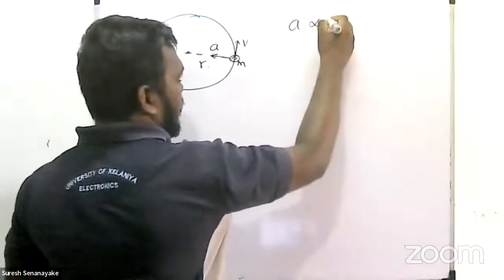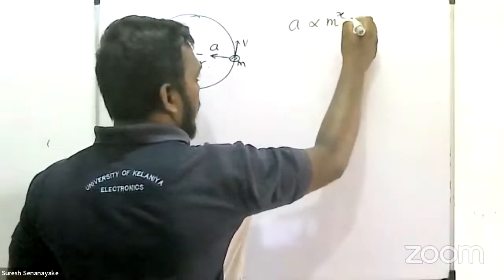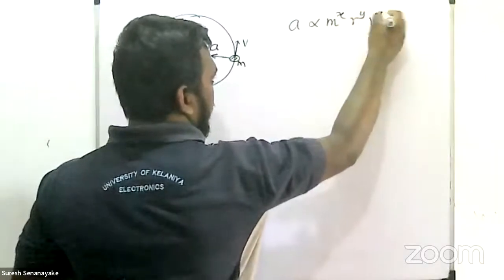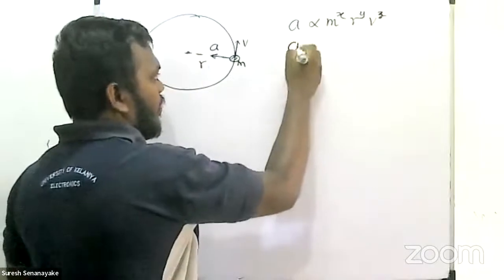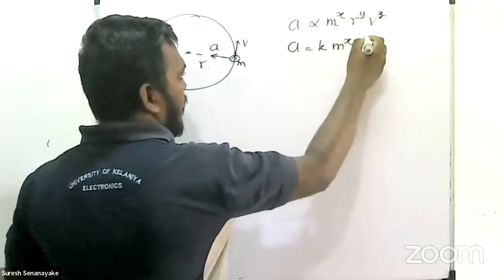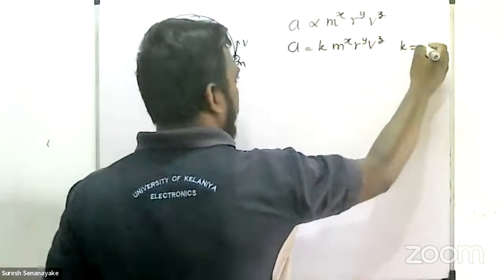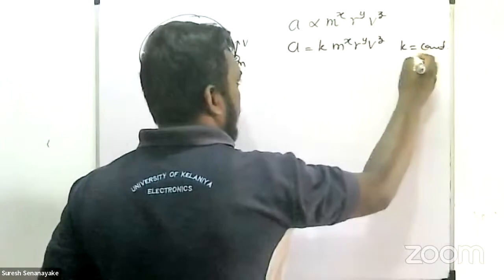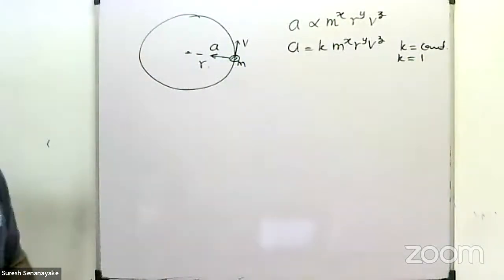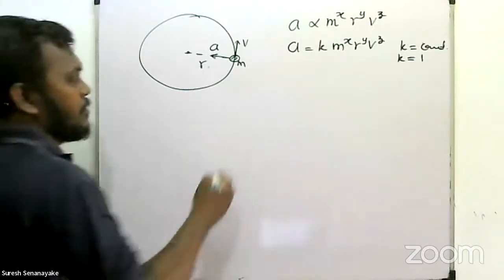You can write this as K m to the power x, r to the power y, and v to the power z, where K is a proportionality constant. I'm writing this constant because the value of K is given as 1 in this question.